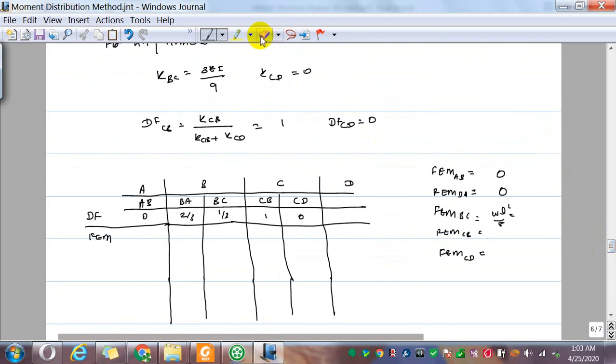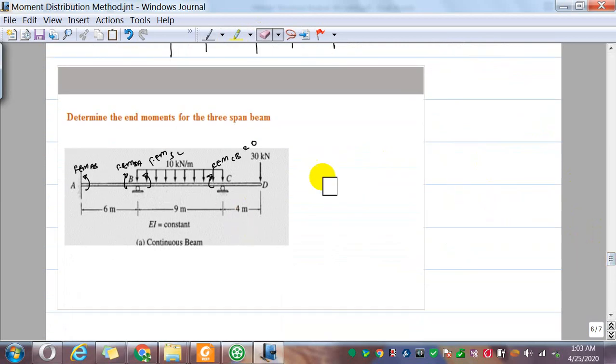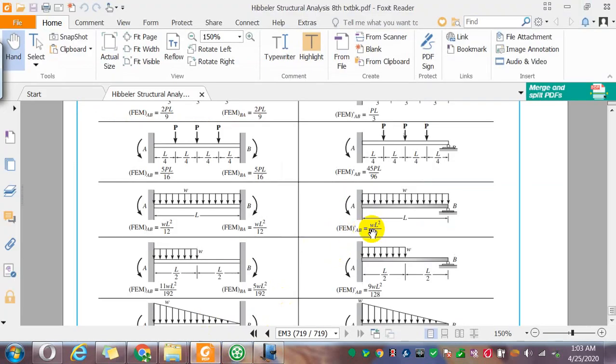So if I do the calculation, here W is 10, L squared is 9 squared, over 8. Okay, so that is the fixed end moment, WL squared over 8.